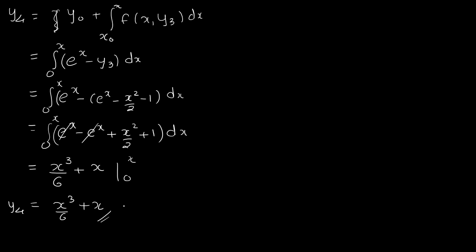Now the difference between this example and the previous example is that in the previous example the question was about finding y of 0.1. That is, once all the iterations are done, our value needs to be substituted, x equal to 0.1, in the final answer.